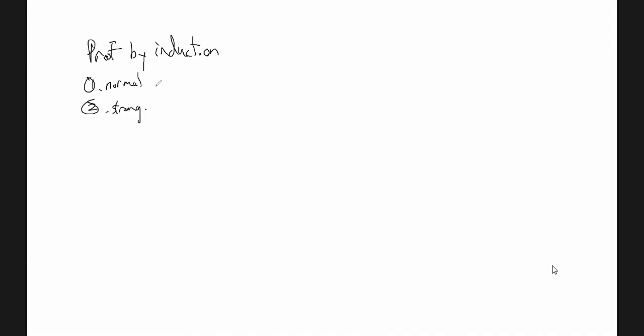Here you just assume in your inductive hypothesis for some k. Here you assume for everything from 1 to k. That was the difference between the strong and weak. That's fairly recent, so I won't go into a bunch of that. I know you've got examples. So just know how to do a proof by induction. If I were going to ask a question on the exam, I would ask something like I did on the homework.